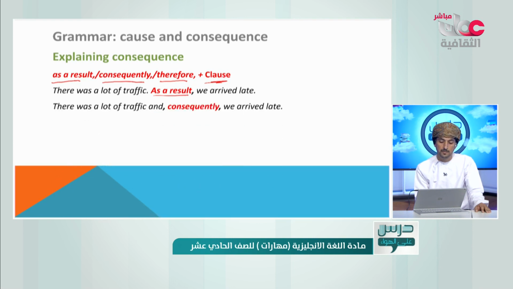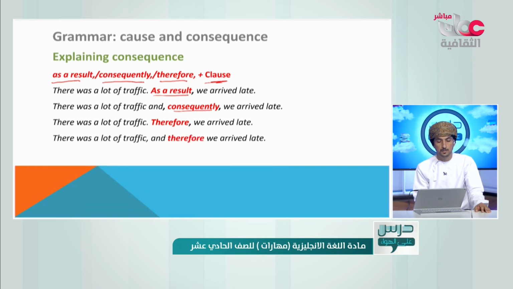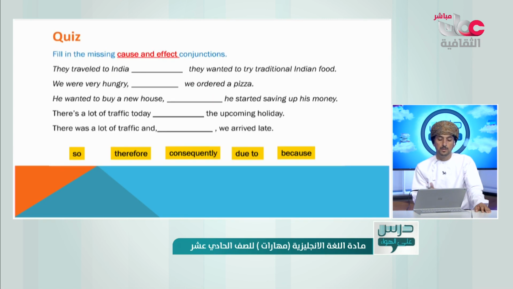There was a lot of traffic. Consequently, we arrived late. There was a lot of traffic. Therefore, we arrived late. We can also use therefore in the middle between two sentences. There was a lot of traffic. Therefore, we arrived late.